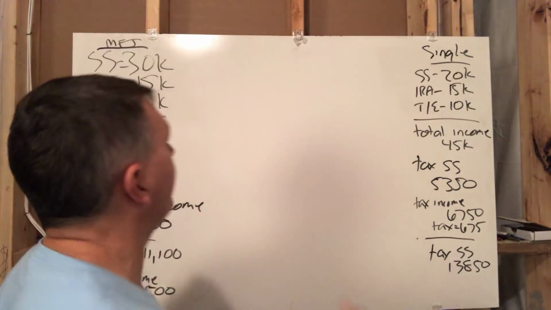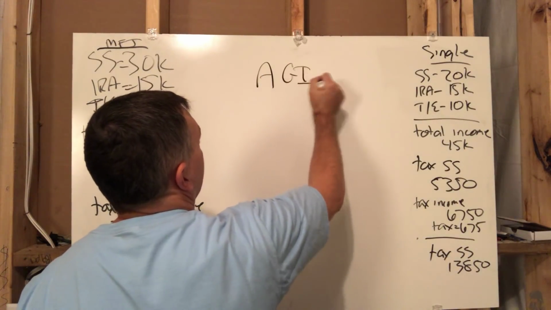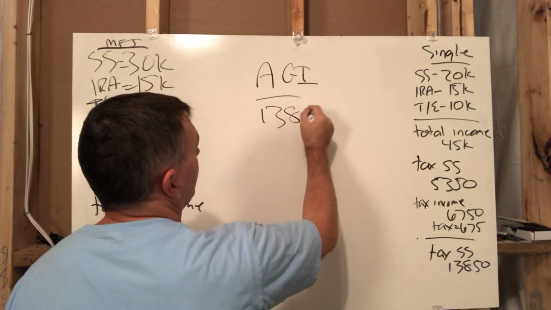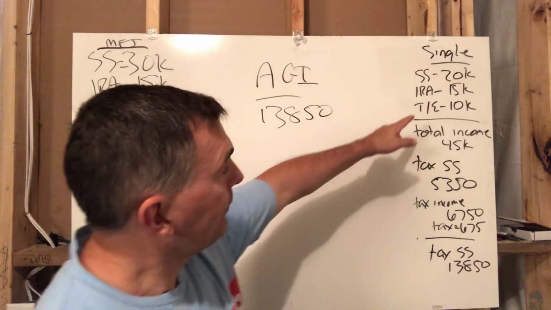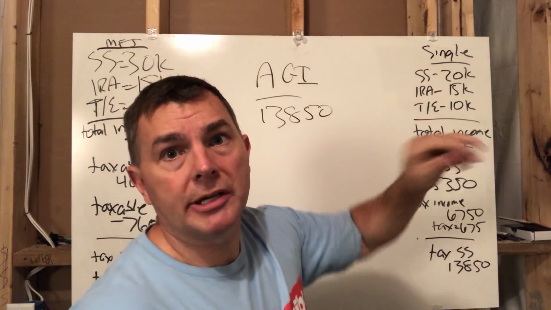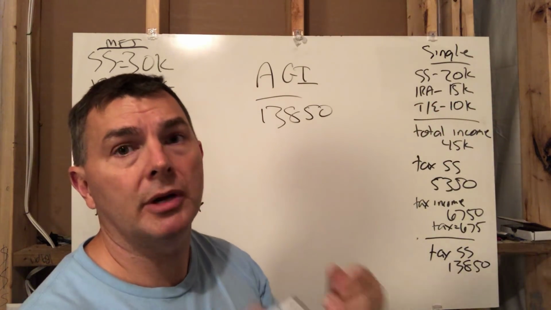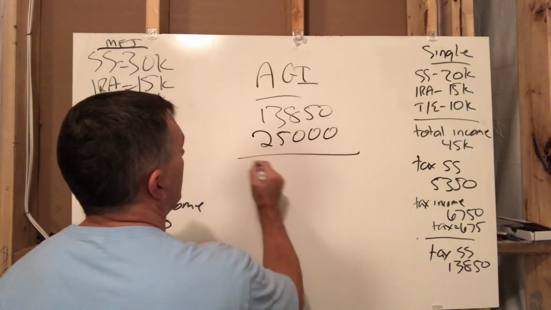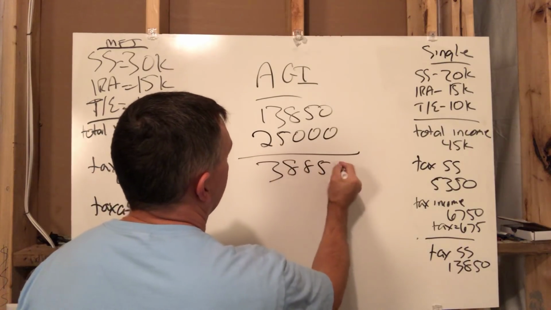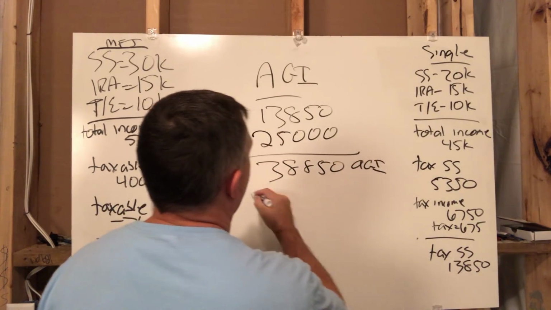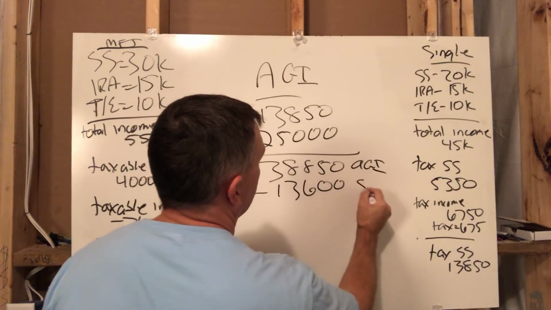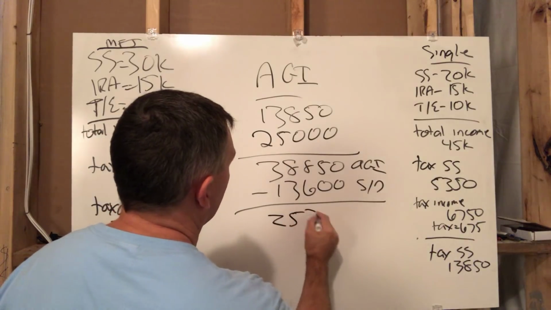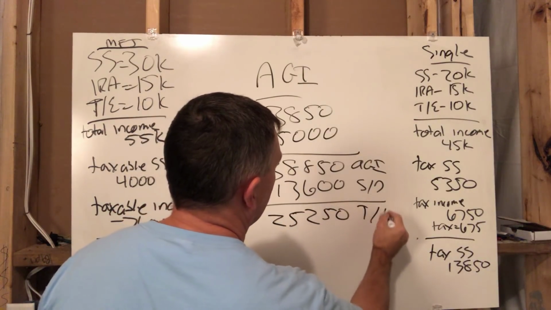Frustrating. So now we've got to figure out our AGI. We take $13,850 of taxable Social Security plus $25,000 of IRA, because we did $15,000 as a required distribution plus a $10,000 Roth conversion. So $38,850 is AGI, minus $13,600 for the standard deduction, which gives us $25,250 taxable income.